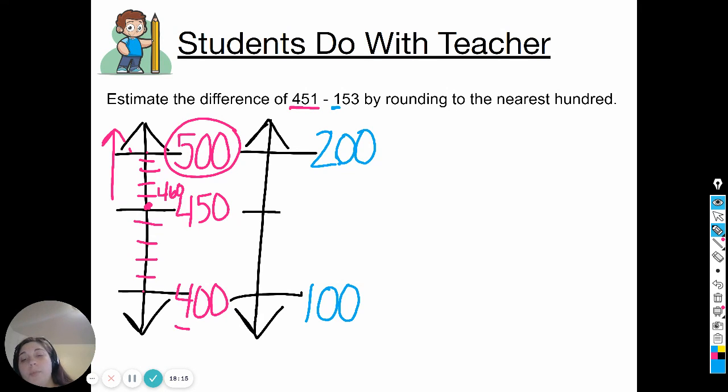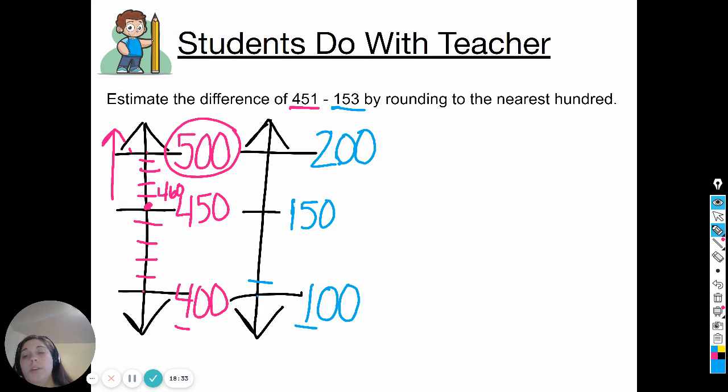For our halfway point, we keep the 1 and end with 50. Now we just need to find 153.